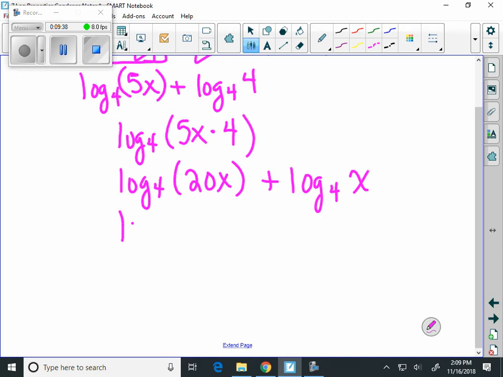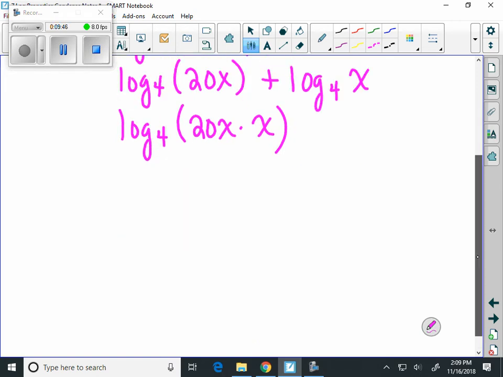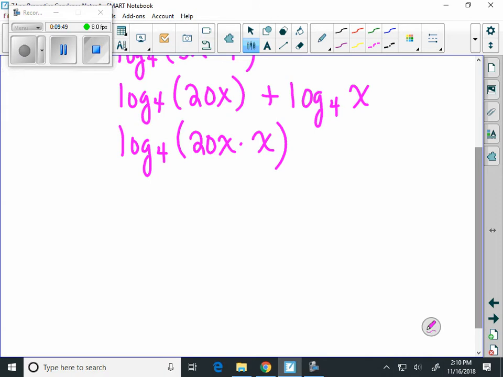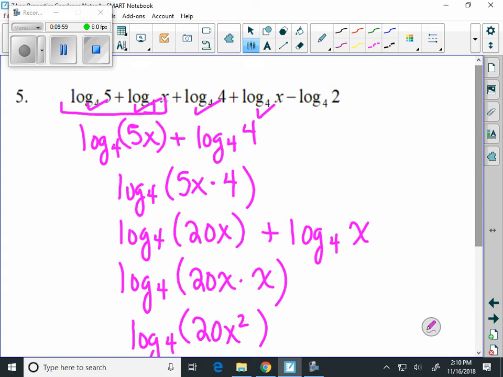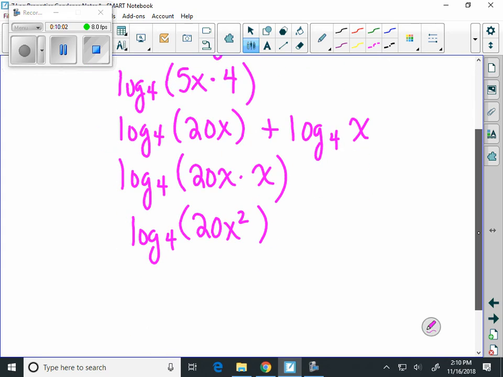So now it's going to be log base 4 of 20x times x. When we multiply 20x times x, we get log base 4 of 20x squared. We dealt with this term. So our last term, minus log base 4 of 2.